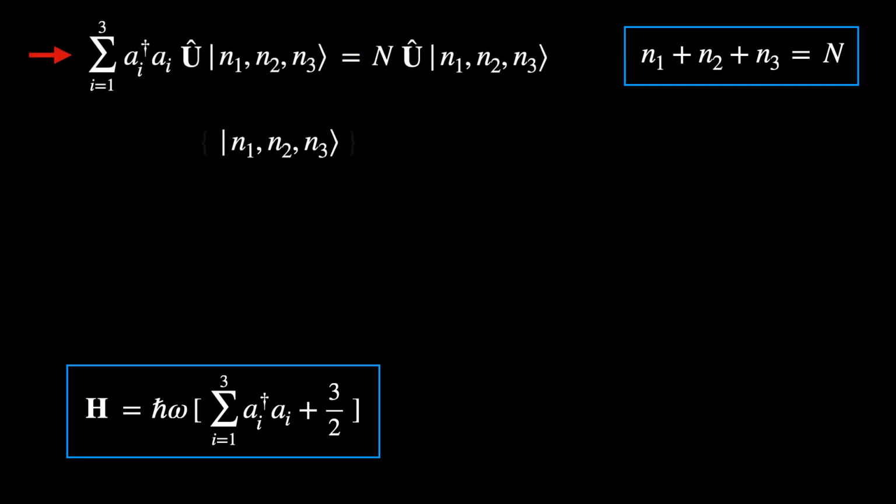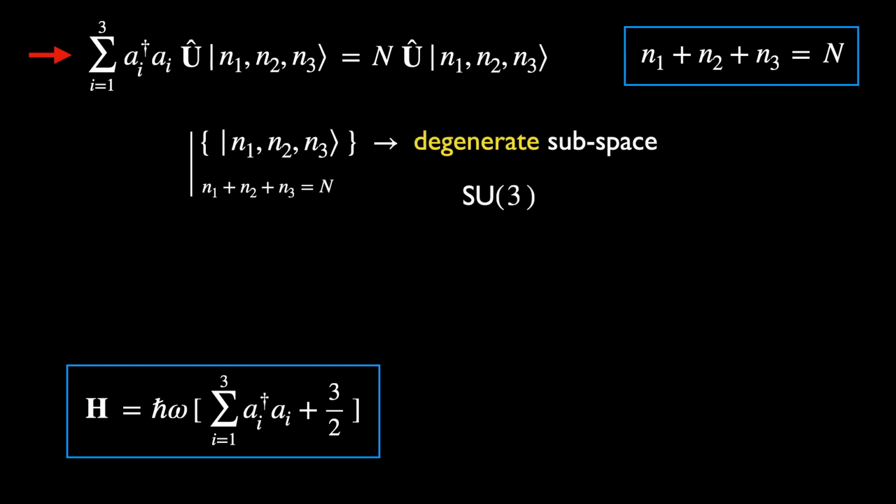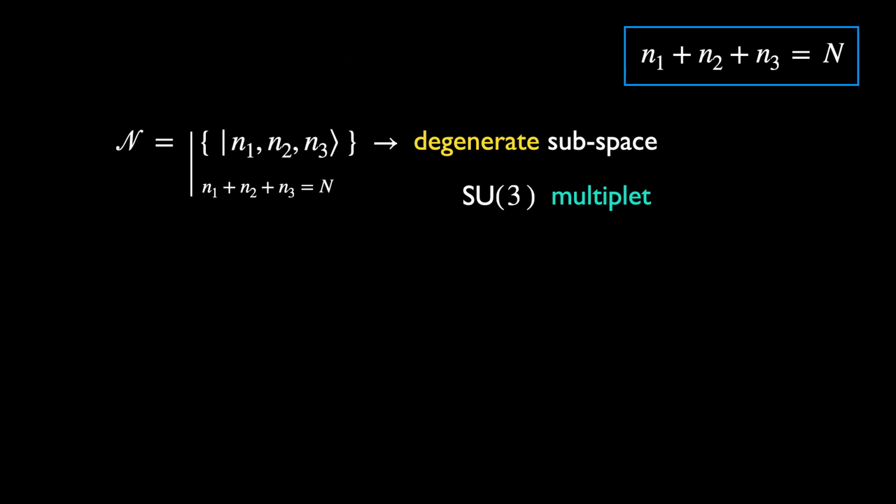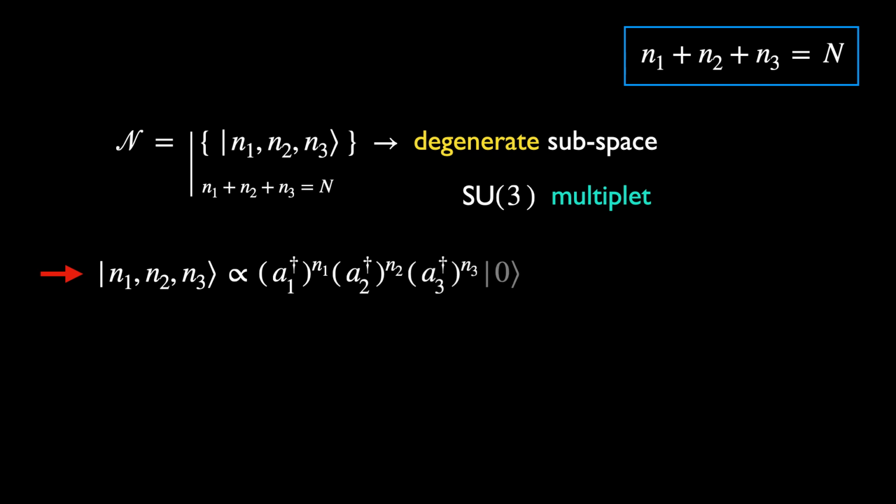As you can see, the degenerate subspace of fixed particle number corresponds to the SU3 multiplet. Denote this by curly N. U hat can only transform a state in N into another state in N. Recall that the particle number states are built up by multiple ladder operators of 3 flavors acting on the ground state.